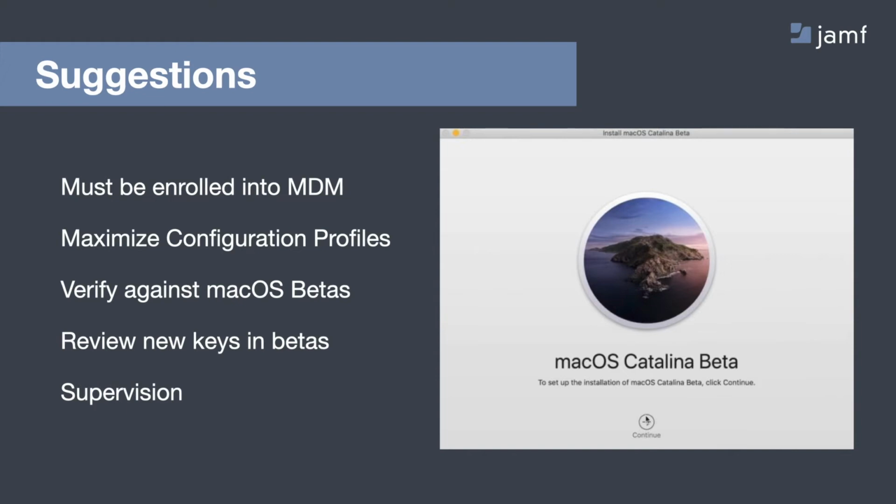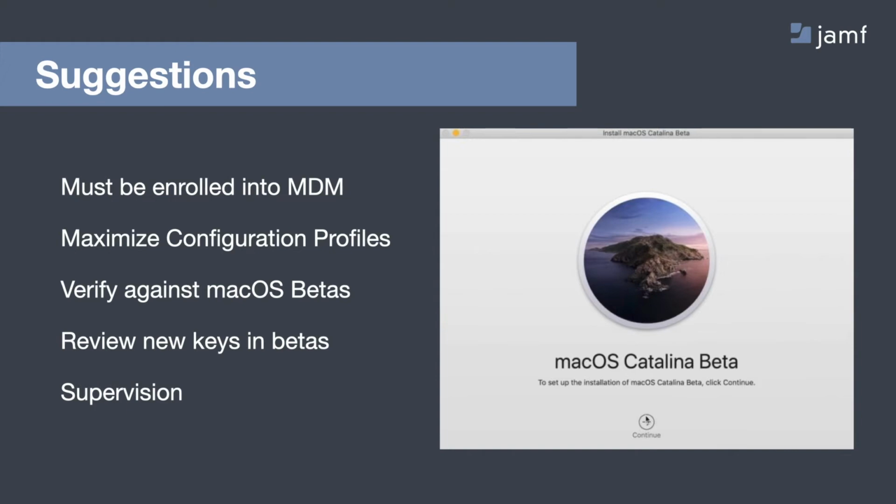Last of all, supervision. Very well known on the iOS and iPadOS side of the house, getting slowly introduced to macOS, supervision is a setting within the OS that allows it to understand: is this a corporately owned device or an institutionally owned device?